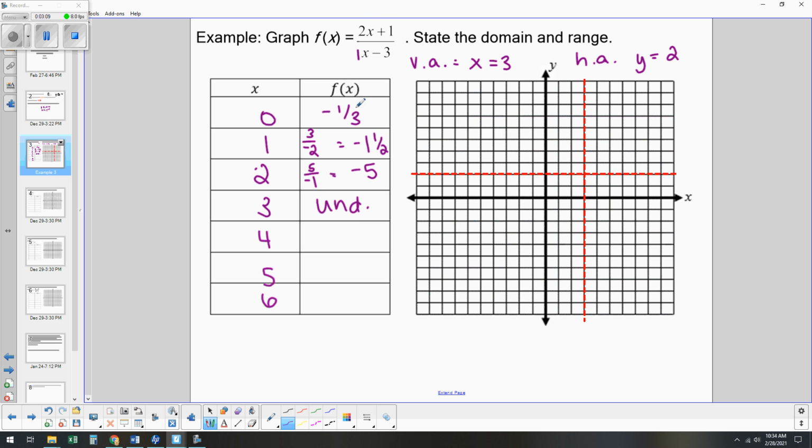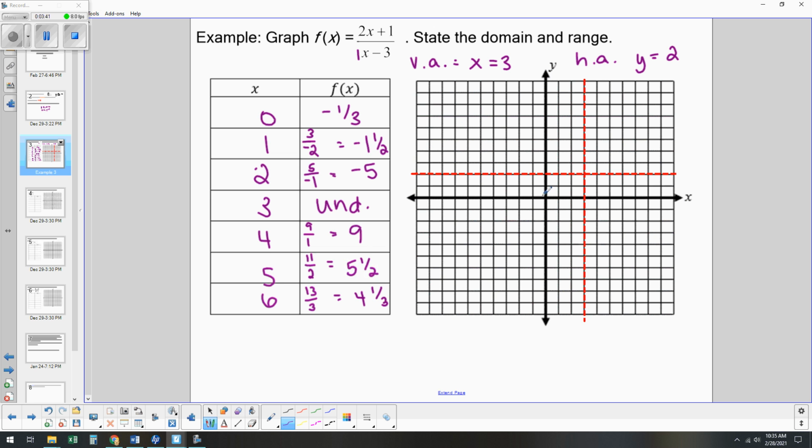That's 8 plus 1 is 9. 4 minus 3 is 1. So that's just 9. 10 plus 1 is 11. 5 minus 3 is 2. So 11 over 2 is really 5.5. And then 12 plus 1 is 13. 6 minus 3 is 3. So 13 over 3 is 4 1/3.